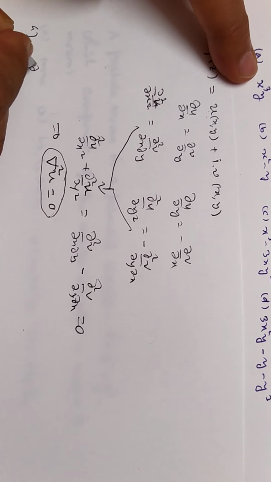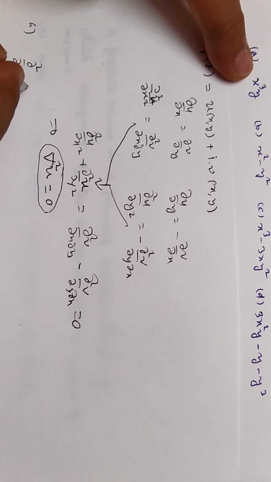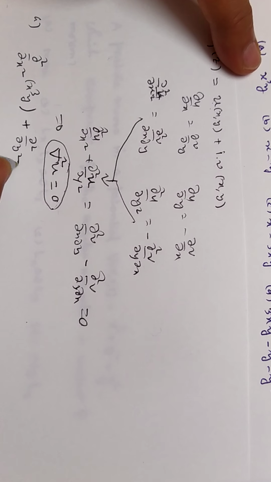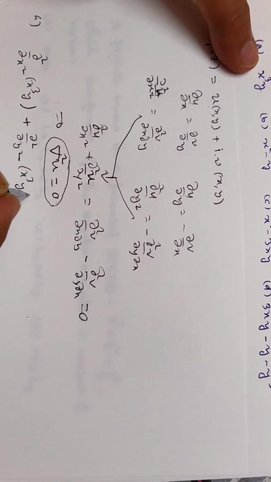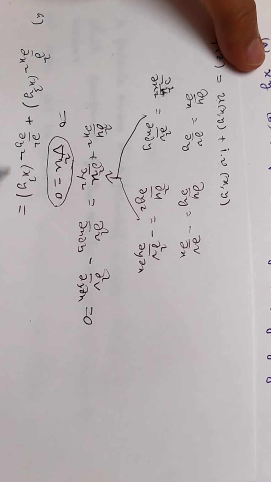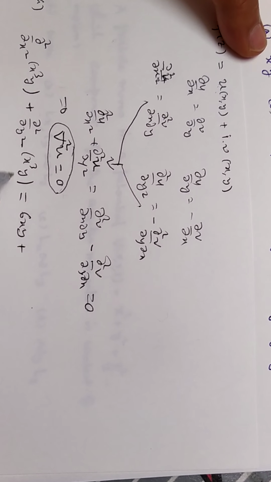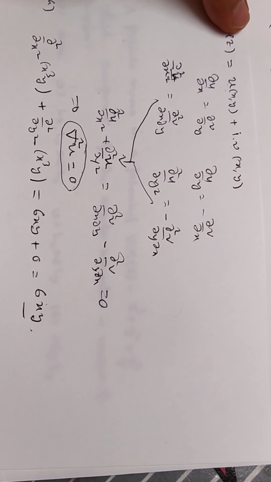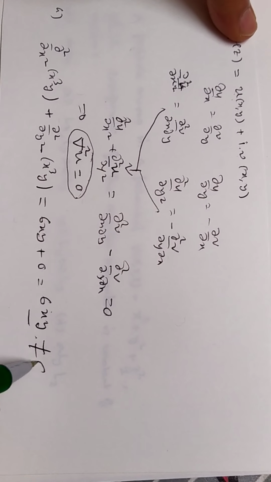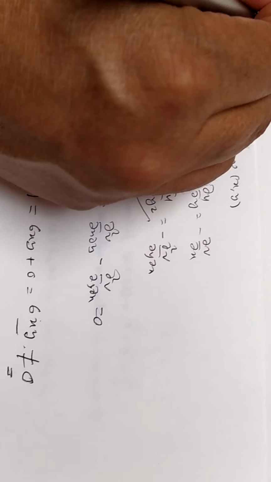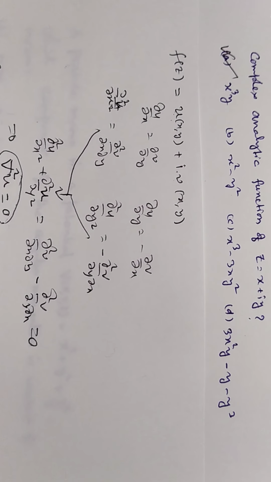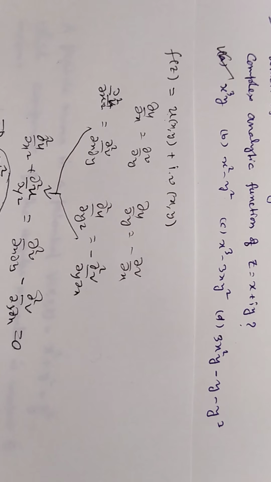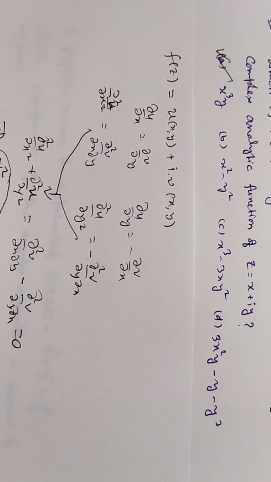Now if you take del 2 by del x2 of x cube y plus del 2 by del y2 of x cube y, this one should be 6xy plus 0, equals 6xy. So for non-zero x and y this is not equal to 0, and therefore this cannot be the real part of a complex analytic function of a complex variable z. Okay, so you need to check this condition.